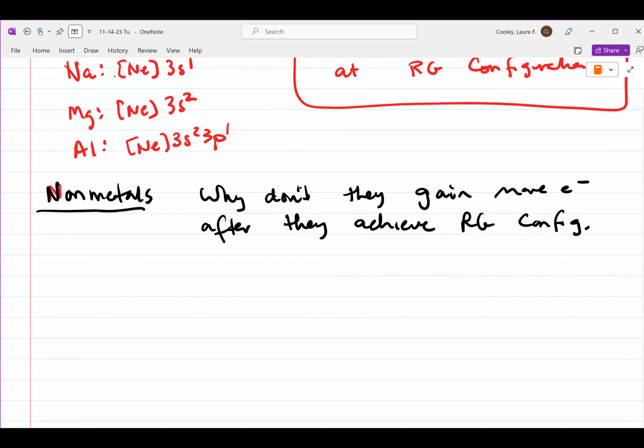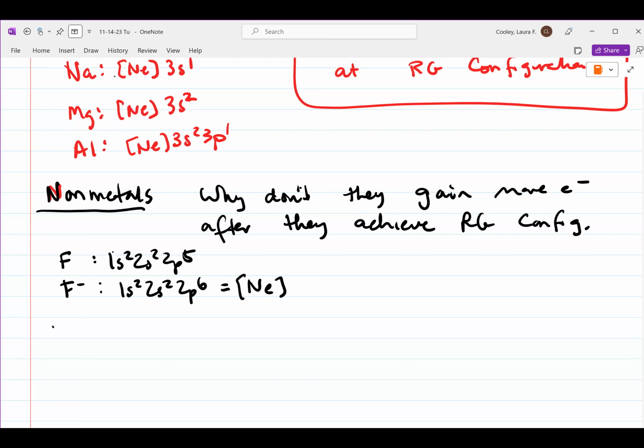Fluorine is 1s2, 2s2, 2p5. That's fluorine, neutral. So F minus is 1s2, 2s2, 2p6, which is neon.